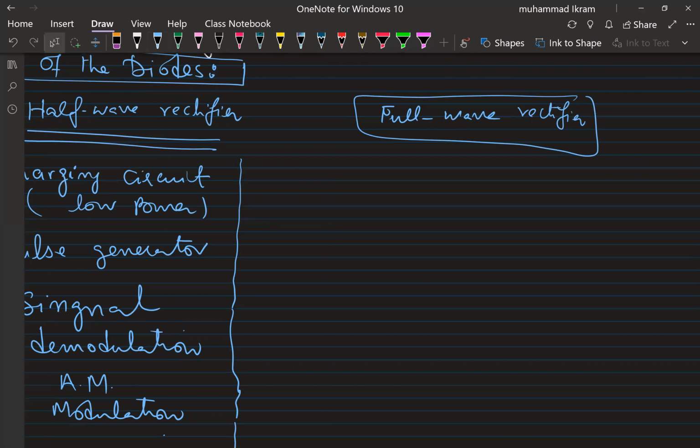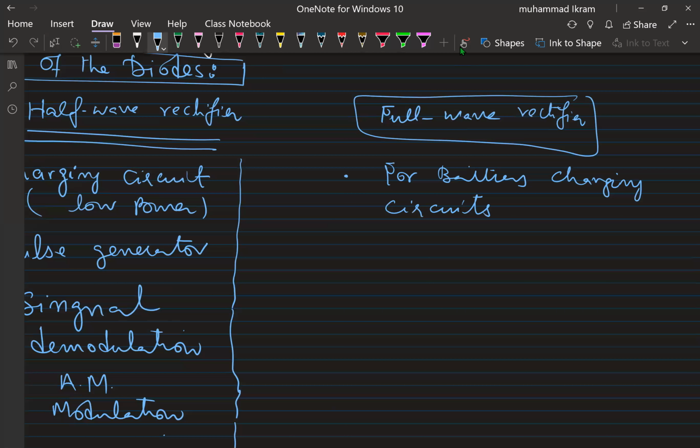Similarly, contrary to this, the full wave rectifier is used, for example, in battery charging circuits. This is large scale battery charging, and it could also be used in high power applications where high power is required, right?